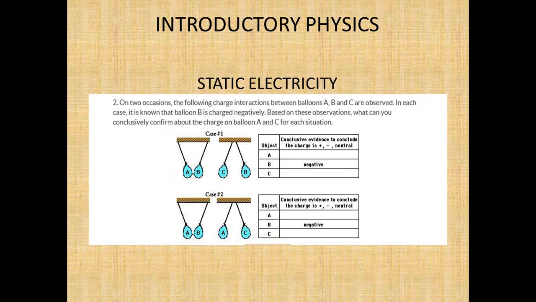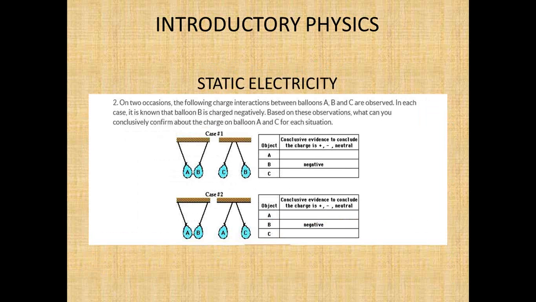So C has to be the same charge as B. So C has to be negative because it repels B. And as we say that A and B attract each other, and we know that B is negative, B being negative can attract a positive and it can attract a neutral. So A is either positive or neutral, and C is definitely negative.